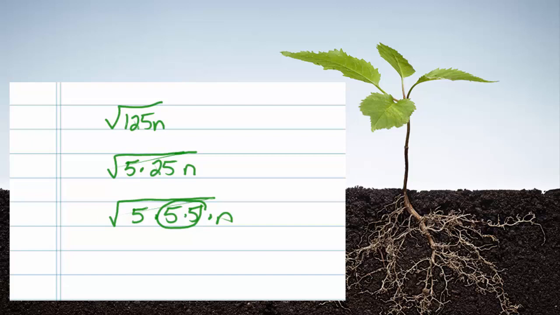When you take the square root of 25, that drops out a 5. So one of those pairs disappears and comes out front. That leaves me inside the radical the 5 and the n. So my solution is 5 root 5n.